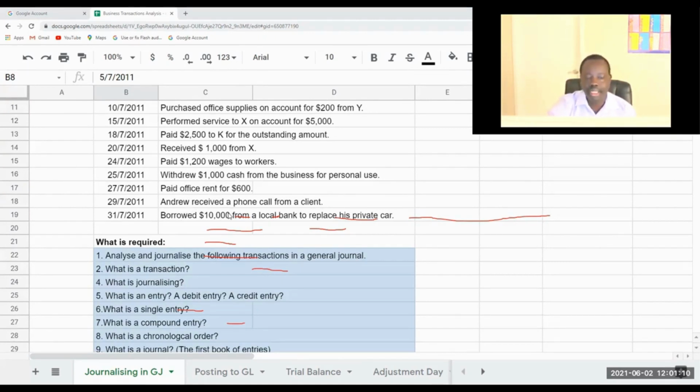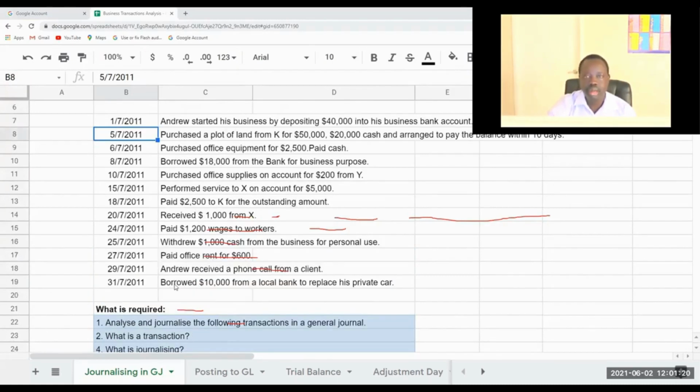What about this one here, the last one? Borrowed 10,000 from a local bank to replace his private car. Can we record this transaction? The answer is no. We cannot record this one in the business books because there's an accounting concept that explains this.